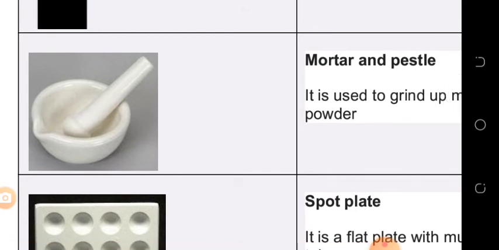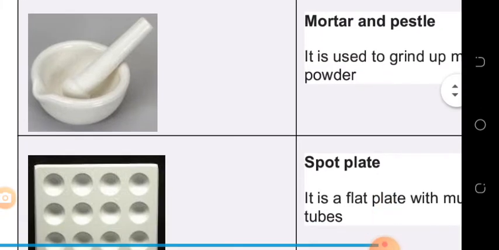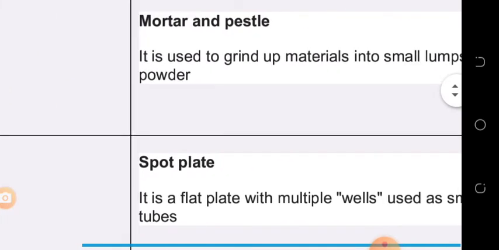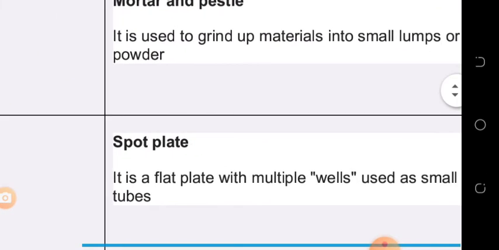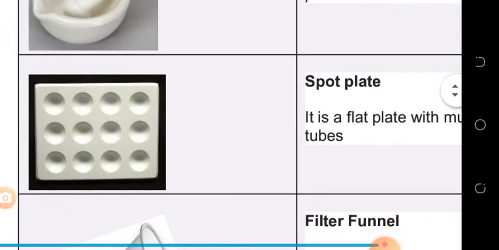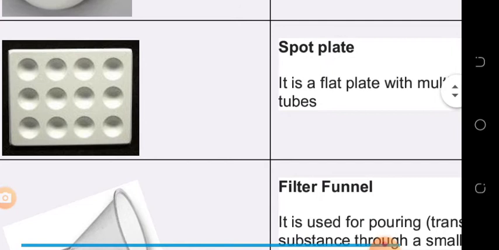For example, in biology it can be used, also in chemistry it can be used to produce the small particles or powder during crushing of those substances.